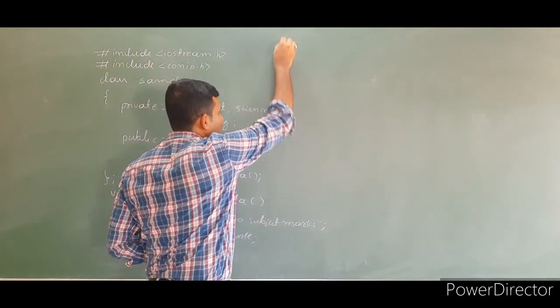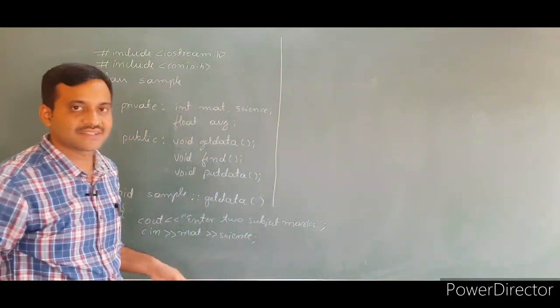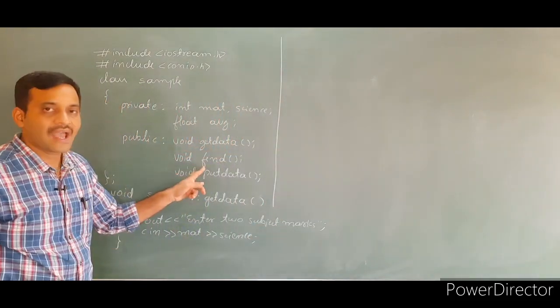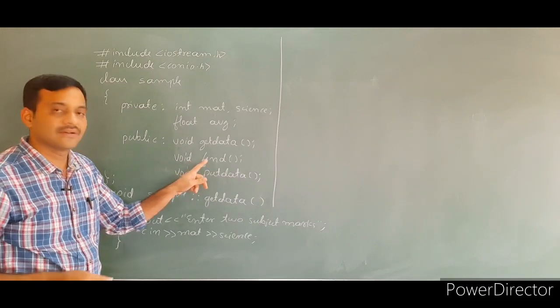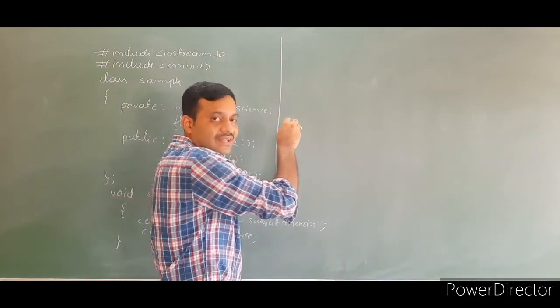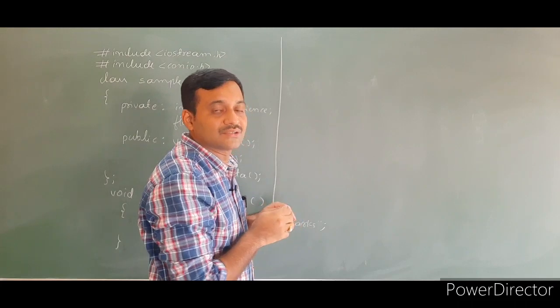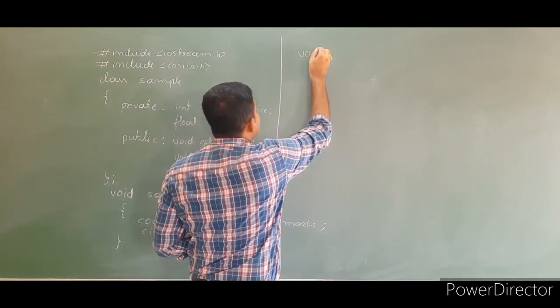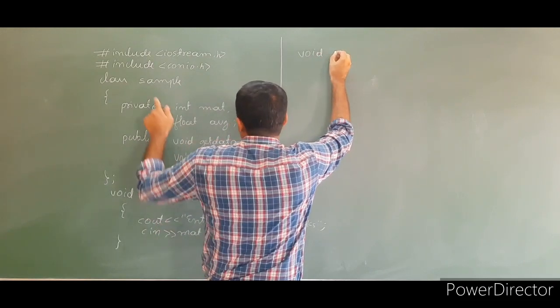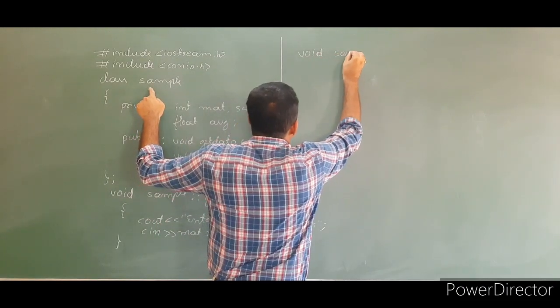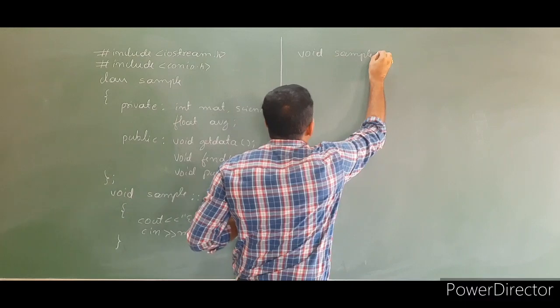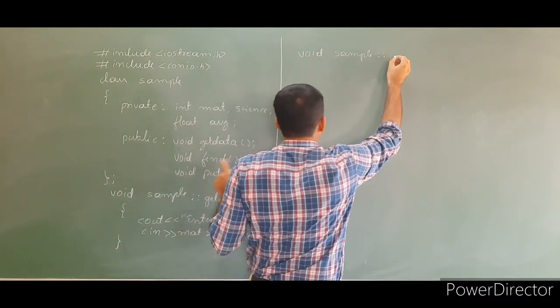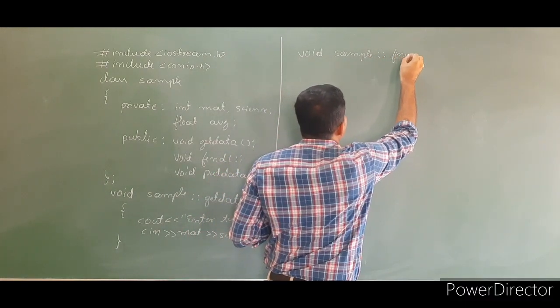After reading the values for maths and science, we have to calculate the average, that is using the function find. Again, find is declared under the class, so it is defined outside the class. It begins with the return type specifier void, then the membership label, that is the class name, sample, scope resolution operator, and the name of the function is find.